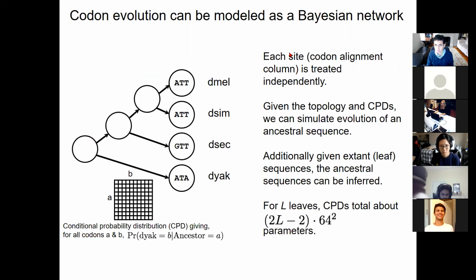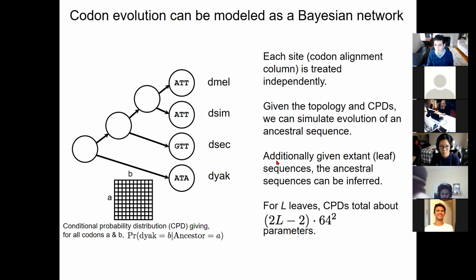So every site, which is every alignment column of every triplet, every codon, is going to be treated independently. And then given the tree topology and these conditional probability distributions of evolving under a protein coding or a non-coding model, we can simulate evolution of an ancestral sequence into the subsequent events.